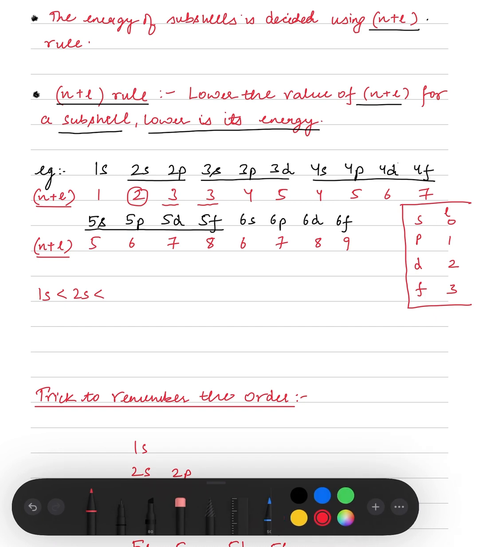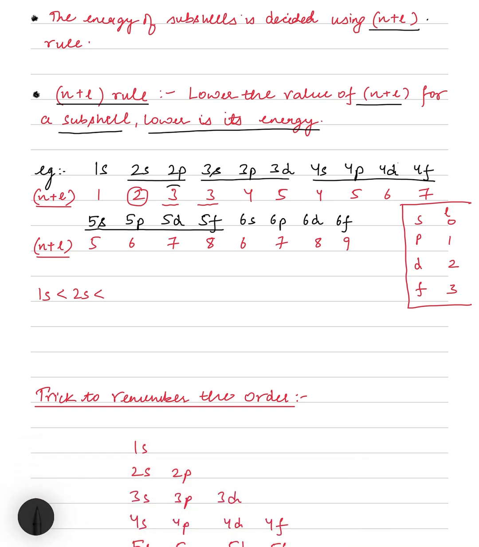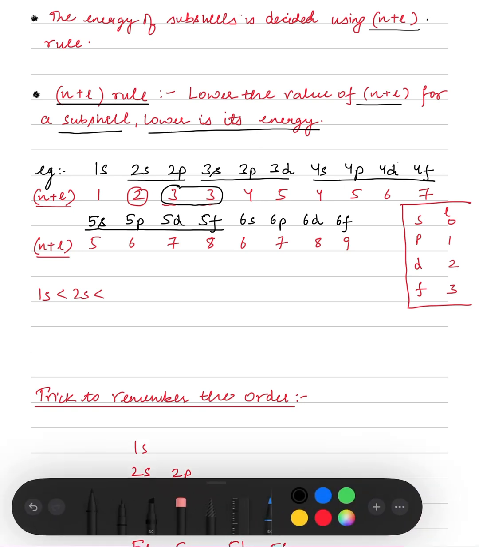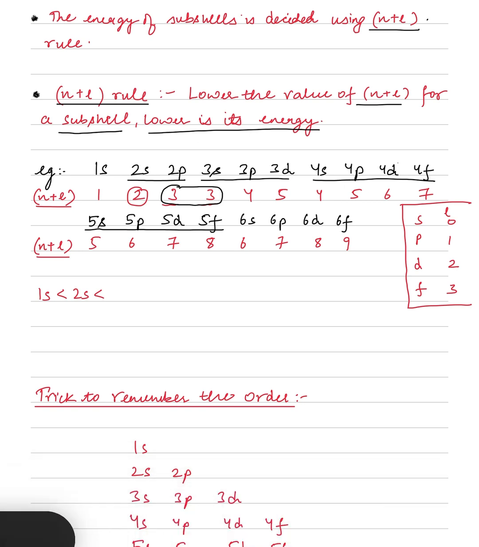Now here, the important thing is, if the n plus L value comes the same, then what to do? If the value of n plus L comes the same, then how do we decide? So remember this thing: if ever the value of n plus L comes out to be the same, then the subshell which has the lower value of n will have lower energy. Simple, right?